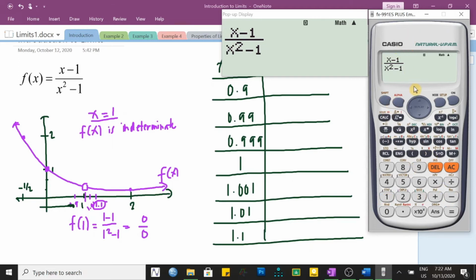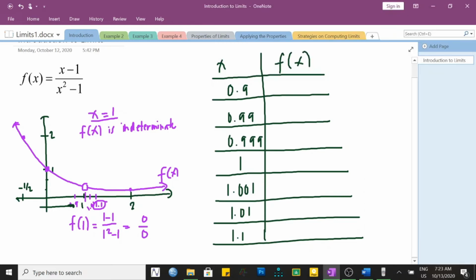After inputting our function, we can make use of this button here, CALC, to compute that function at any x values that we want. So if we press calc, it would ask us which x value we are trying to evaluate that expression at. So we start with 0.9, so we input 0.9, press equal sign, and then we would have 0.5263.